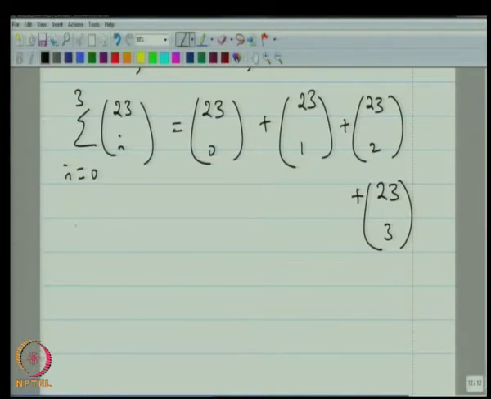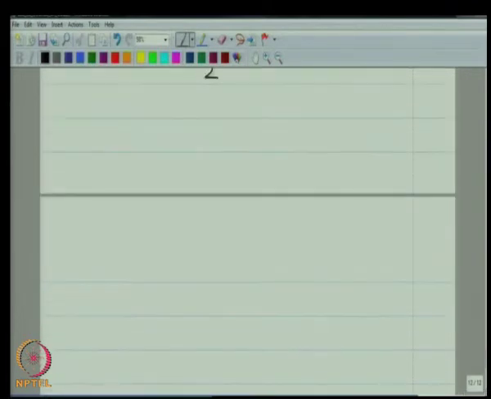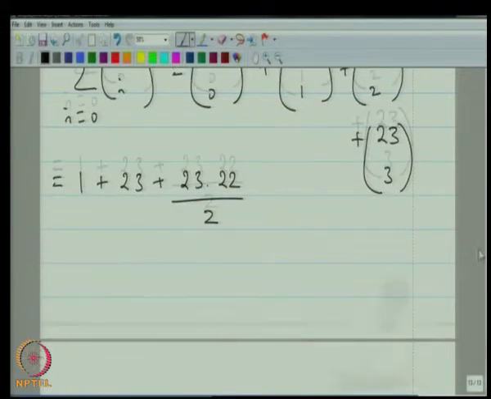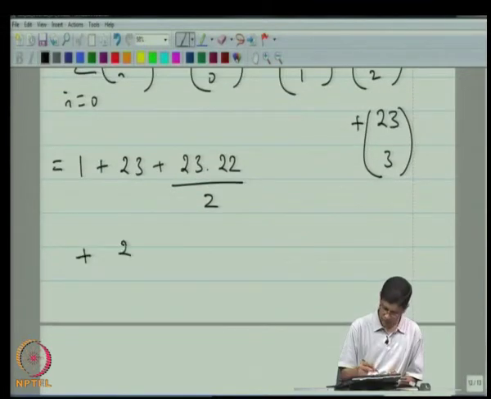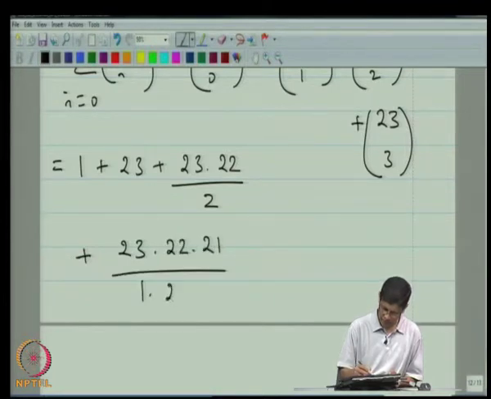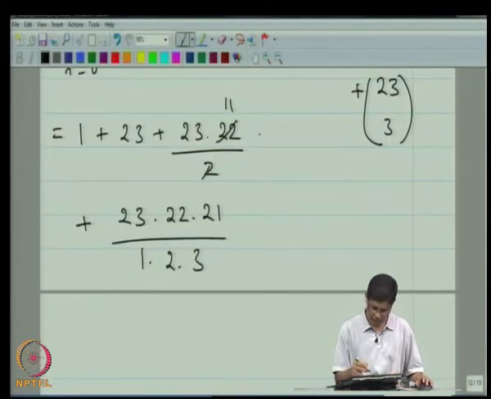Now this is 1 plus 23 plus 23 into 22 divided by 2, plus 23 into 22 into 21 divided by 1 into 2 into 3.